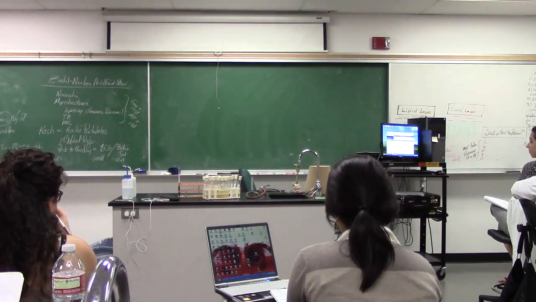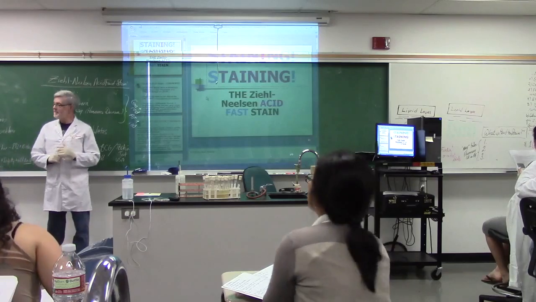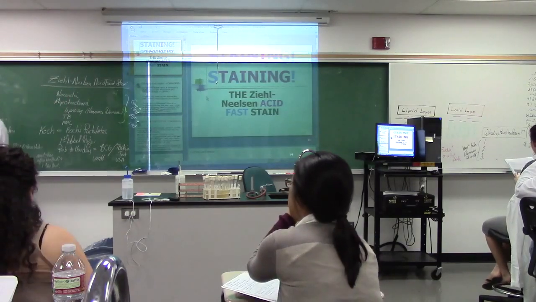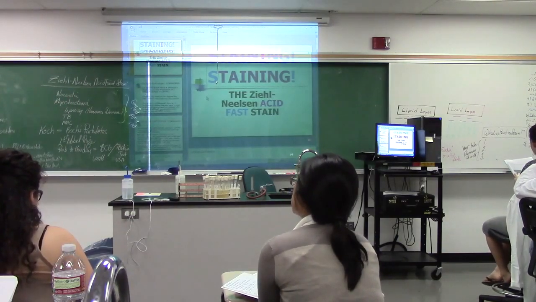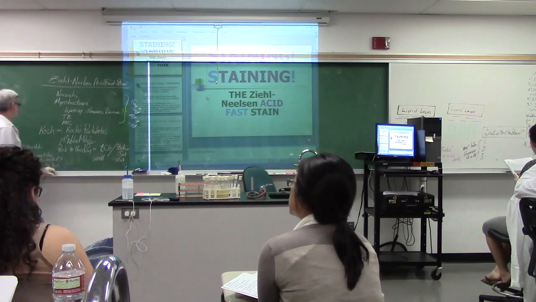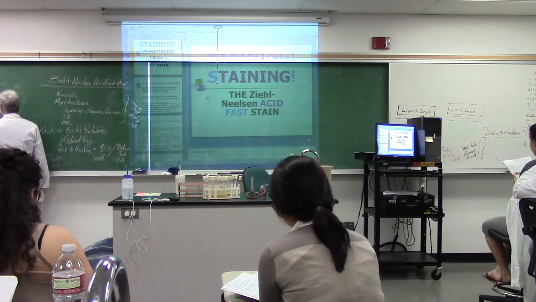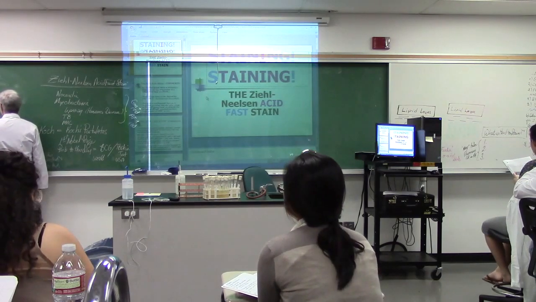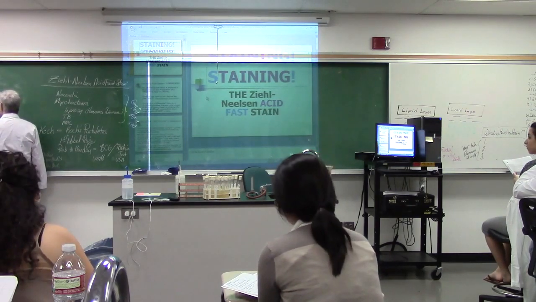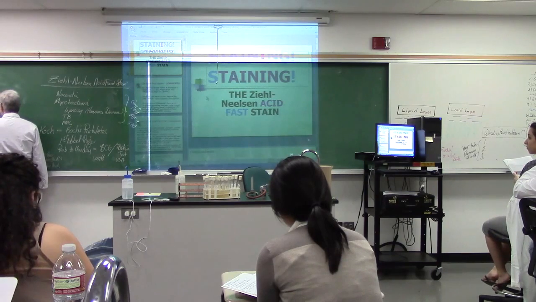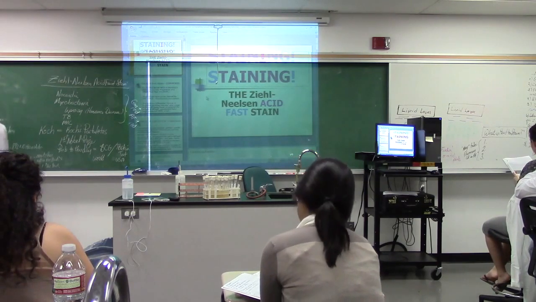So today's the lecture on the acid-fast stain, and we're going to talk about history, theory, and problems. And the problems can be summed up in one word: the genus Bacillus is our problem. And we'll be talking about that a lot.